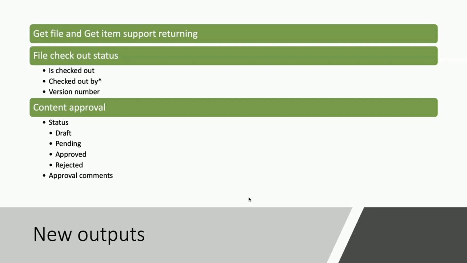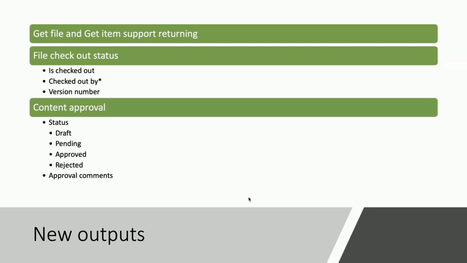And finally, this was long overdue, content approval status and approval comments also now flow through the get file and get item. So finally, you can say, hey, get the file. Is this file, what's the status? Is it draft? Is it pending? Is it approved or rejected? So those are now supported in the action properties as action output properties as well.